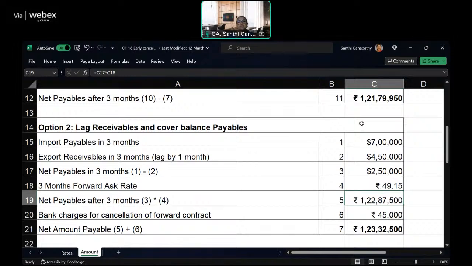So what will be the net payable? But when I cancel the contract, 45,000 has to be paid. So what is the net amount payable? Between the two, it is a payable. So between the two, whichever is less, that is what I will choose.